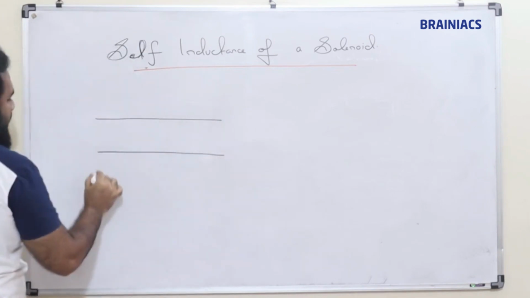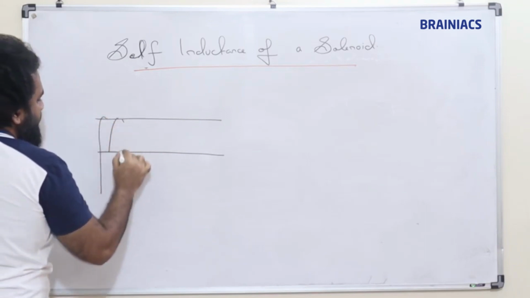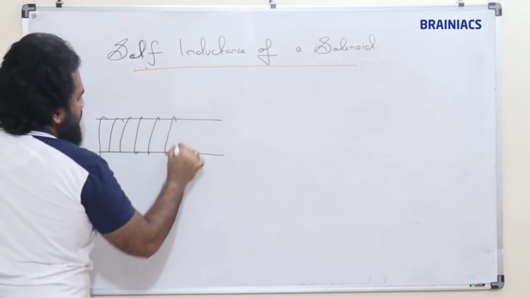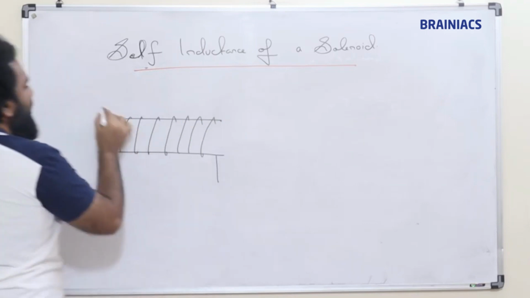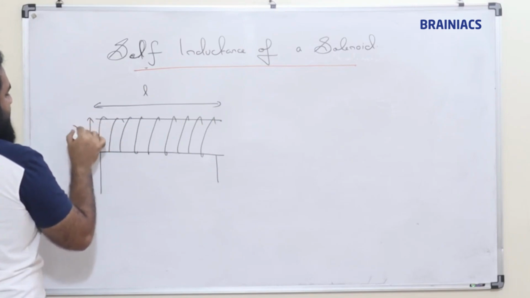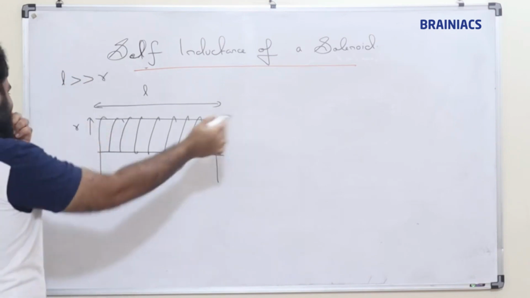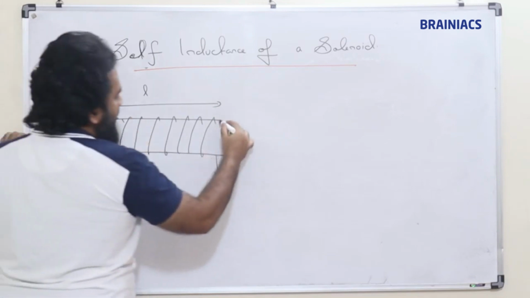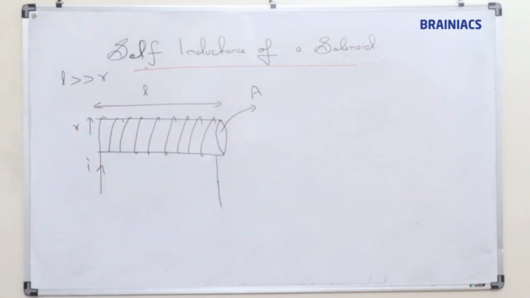If this is a soft iron core, its length is L and its radius is R. We can assume that this length L is very much greater than the radius R. This is a very long solenoid. Current I is passing through this. The area of cross section of this is A. So this is the solenoid which we are considering.